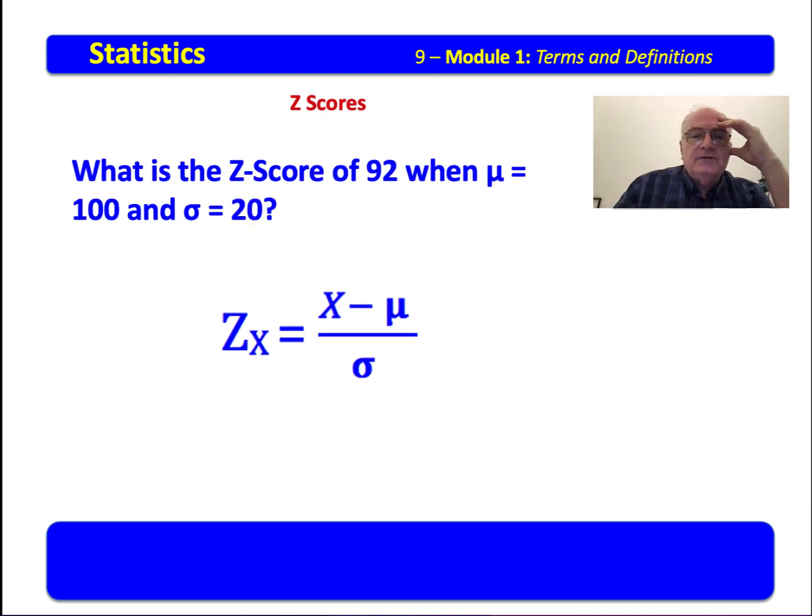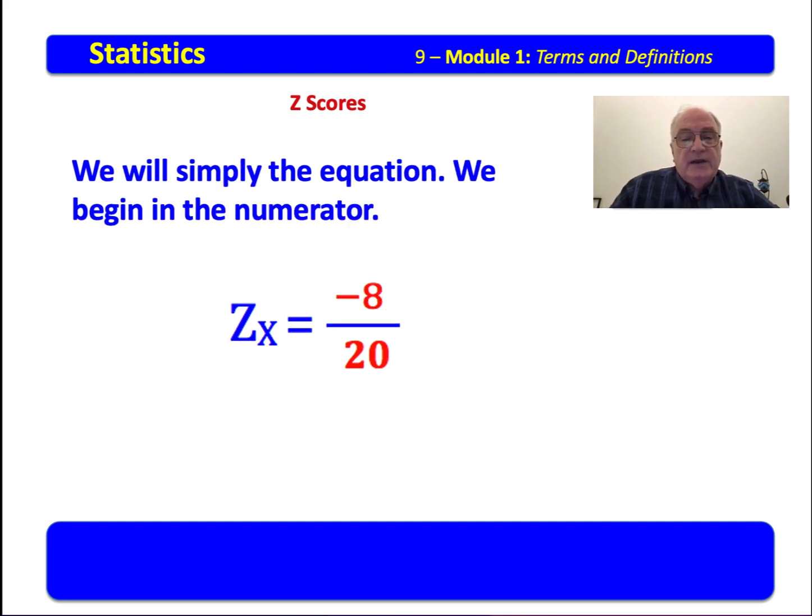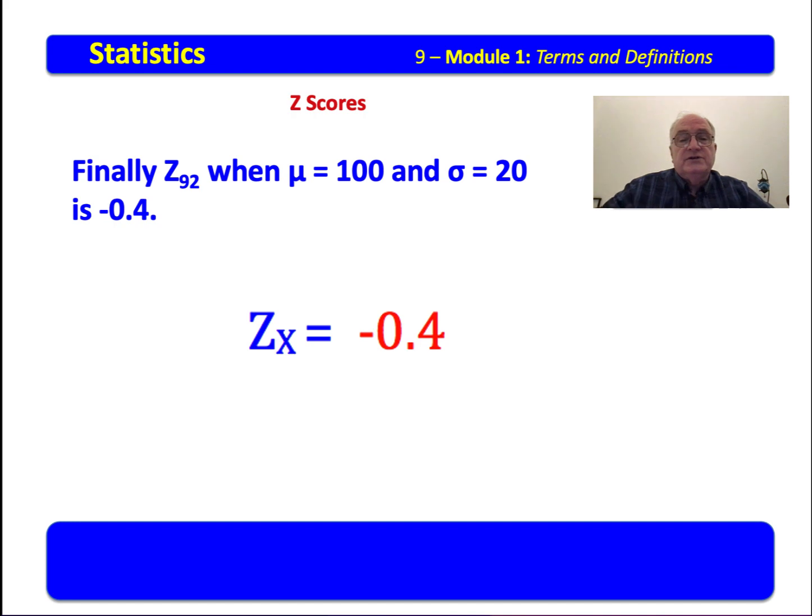Now, what is the z-score of 92 when mu is 100 and sigma is 20? Well, what we do is we plug in 92 for x, we plug in 100 for mu, and we plug in 20 for sigma, and lo and behold, we have 92 minus 100 over 20, which turns out to be negative 8 over 20, which is negative 0.4.